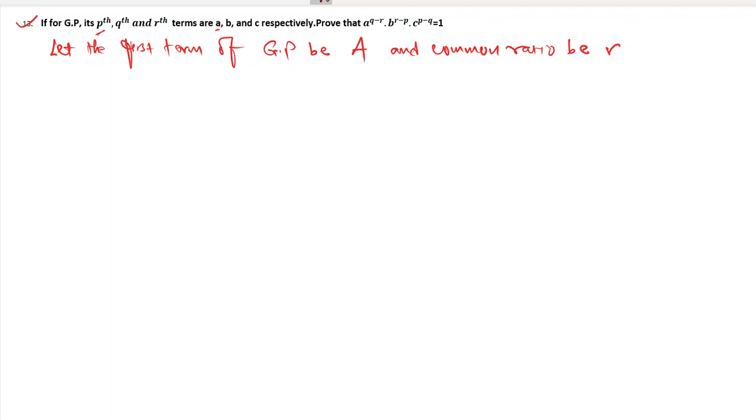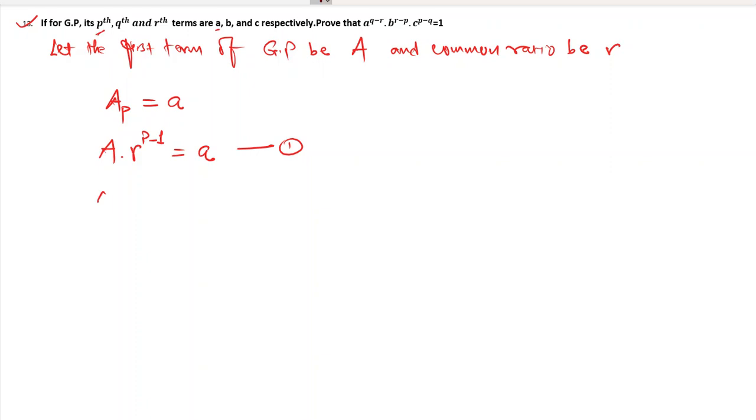Now what they have given is the pth term of the GP, that is A_p, right? Pth term A_p is equal to small a. Now how to write the pth term? A into R raised to p minus 1 is equal to small a. And this is the first equation.